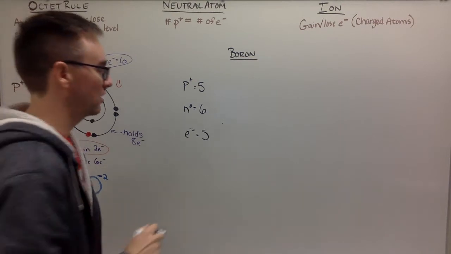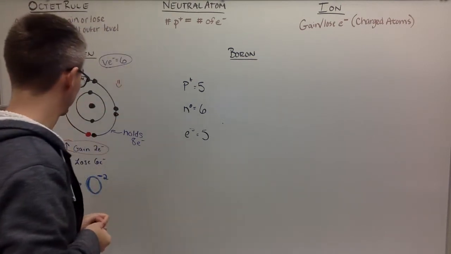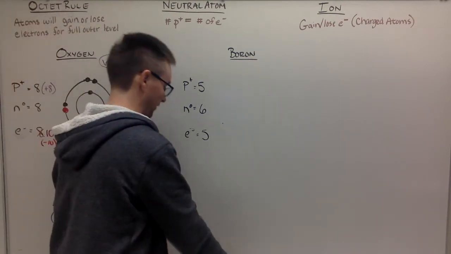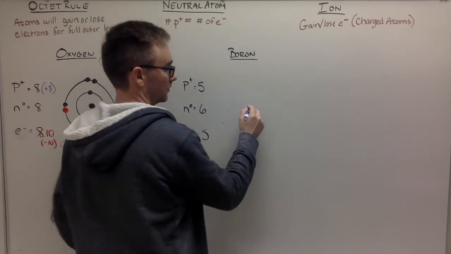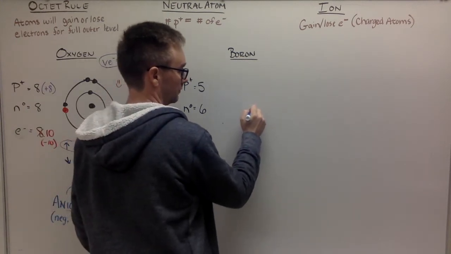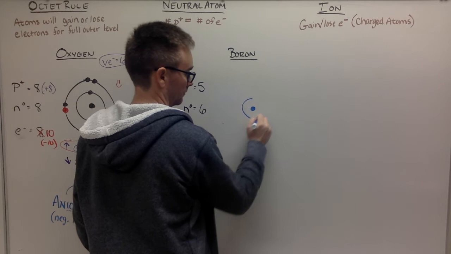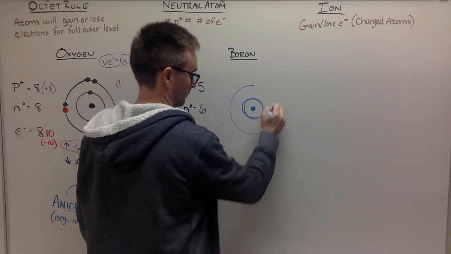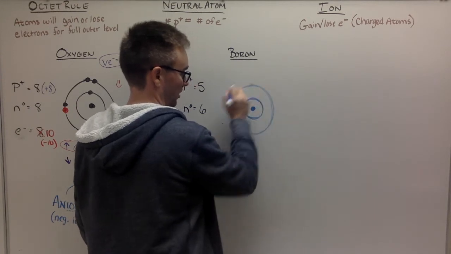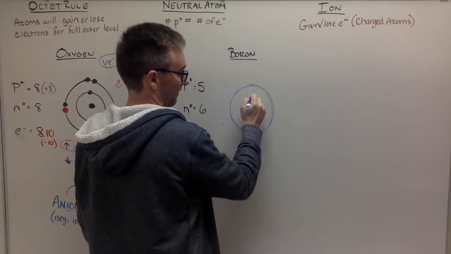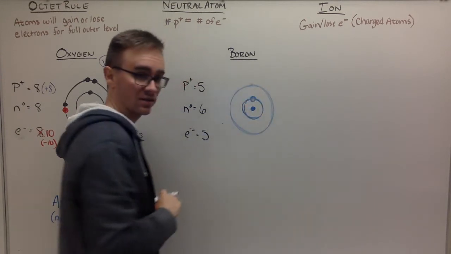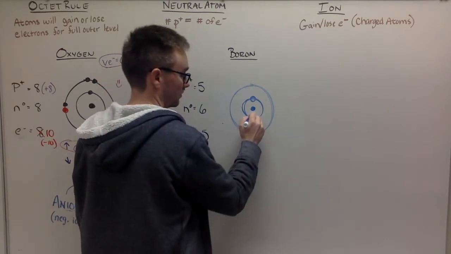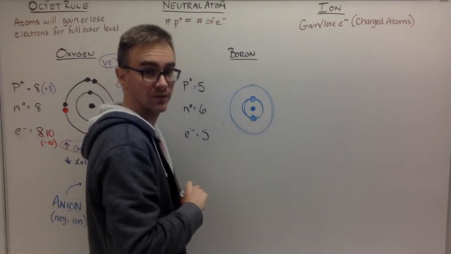Okay, I'm going to start by drawing my atom. I'm going to do a different color this time. I need 5 electrons. I know that only 2 electrons can fit in that first energy level. There's 1, 2.